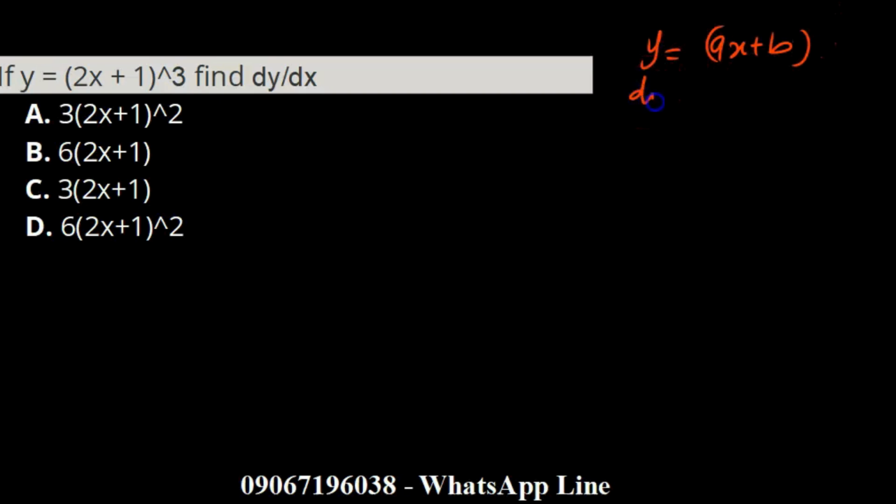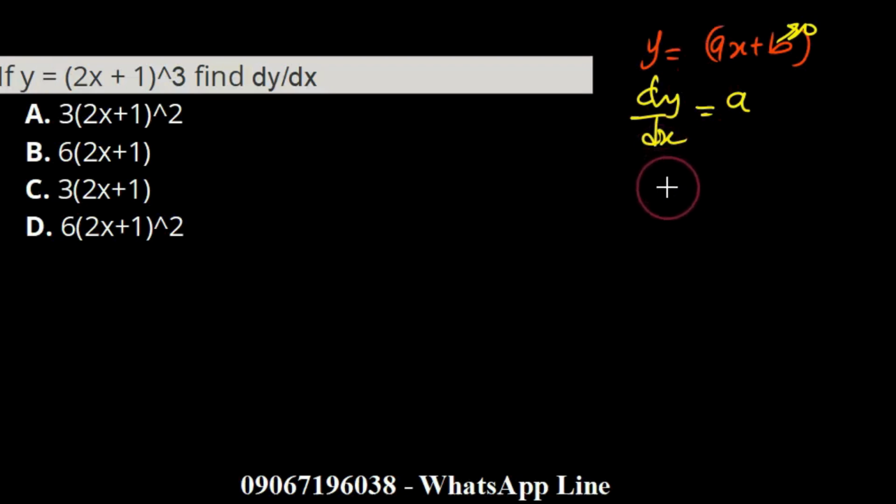Now the derivative dy/dx: if we differentiate ax, you're going to get a, because we're differentiating with respect to x. This will be 0 because it's a constant, so this goes to 0 and the answer is going to be a. All right, so take note of this.